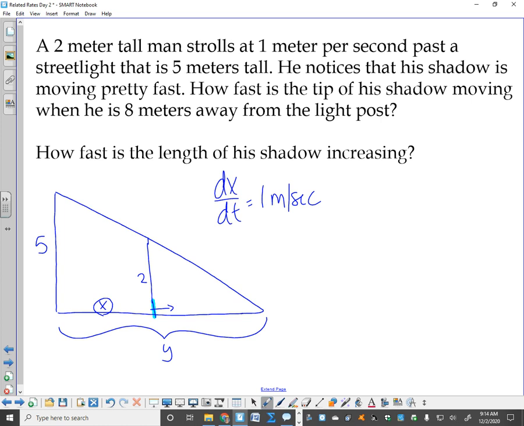How fast is the tip of his shadow moving? Okay, so I want dy dt when x equals 8. That's not bad. So let's get a ratio here. I'm going to go big over big, so big back over big bottom.